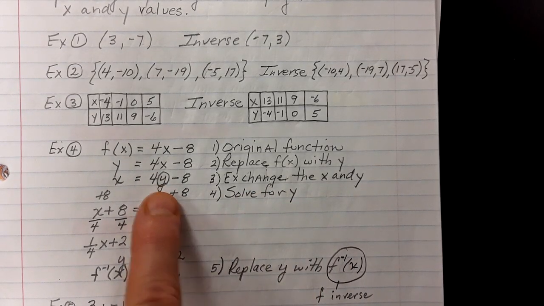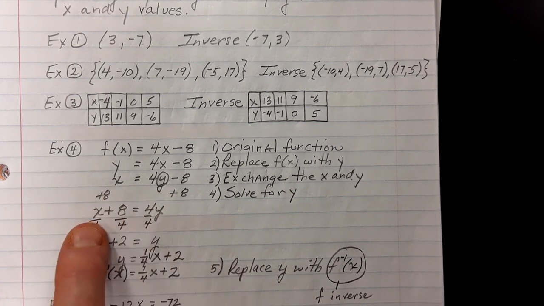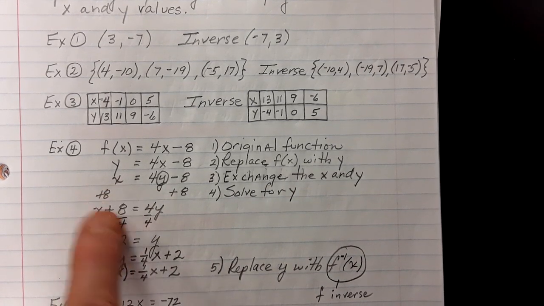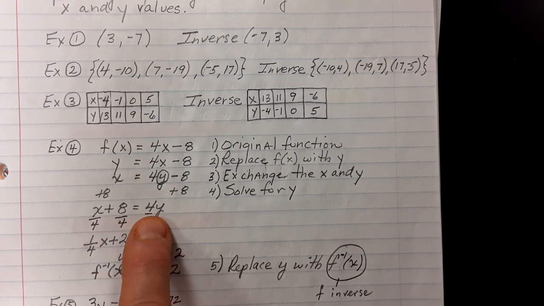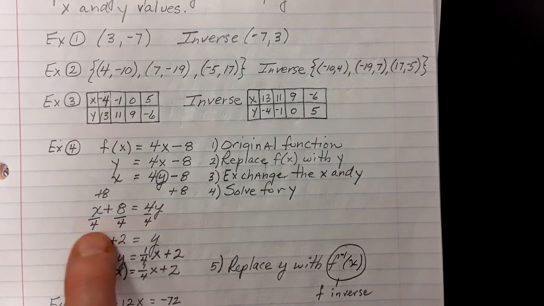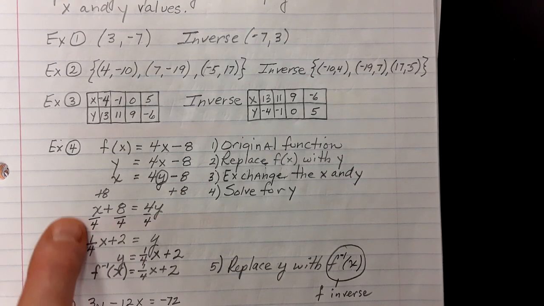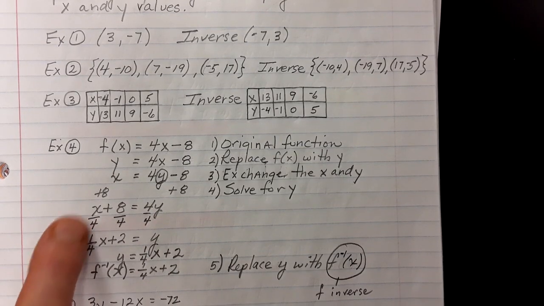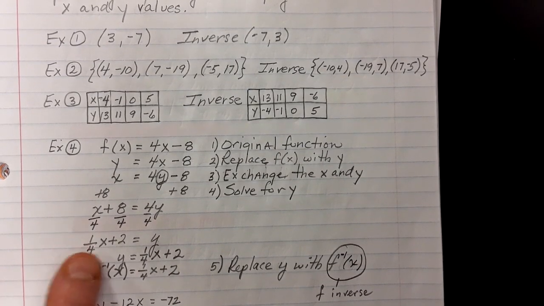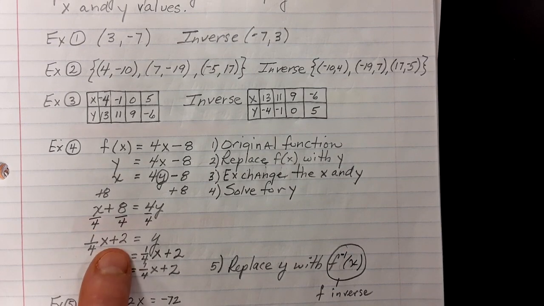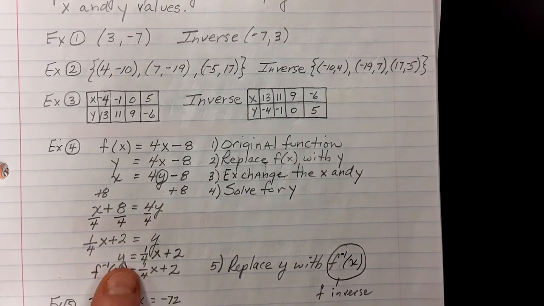So y is on the right side, so we'd add 8 and get x plus 8 on the left side equals 4y on the right side, and then divide every term by 4, which makes it 1/4 x, because that's a 1 right there, 1/4 x plus 2, 8 divided by 4 is 2, equals y, and you switch it around.